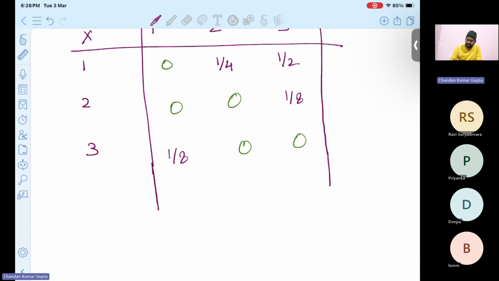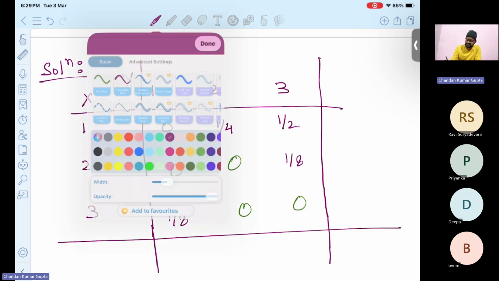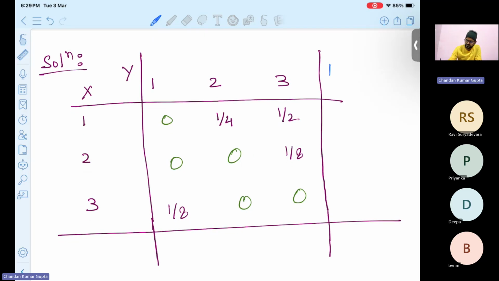And we need to find the conditional probability. First, always remember, once this kind of table is constructed, you can find the marginal of X as well as the marginal of Y. So this is the marginal of X for X equal to 1, the sum over Y equal to 1, 2, and 3.